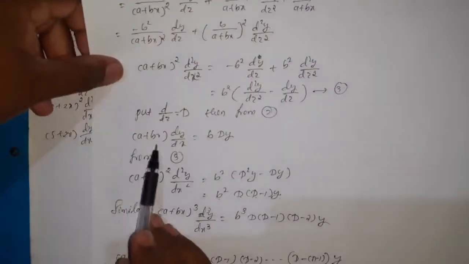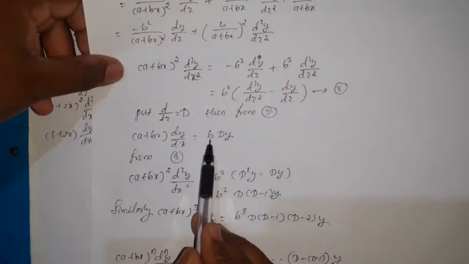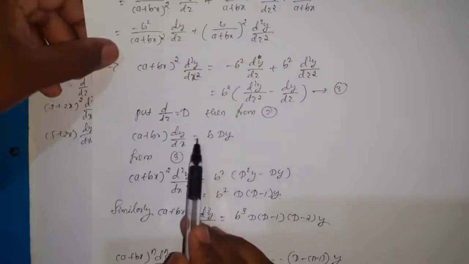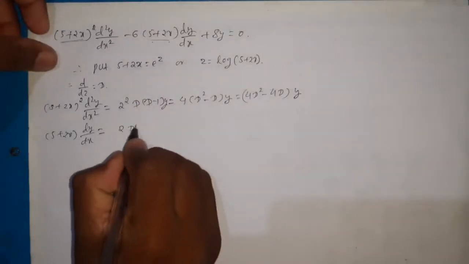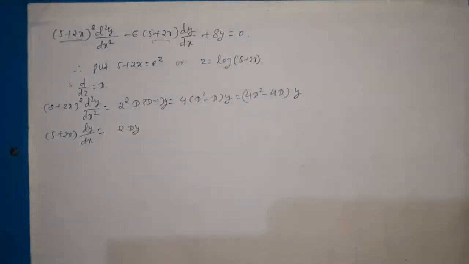Here (a + bx) dy/dx equals b D y, and b equals 2 in this case. So this becomes 2D y. Only these are the substitutions.